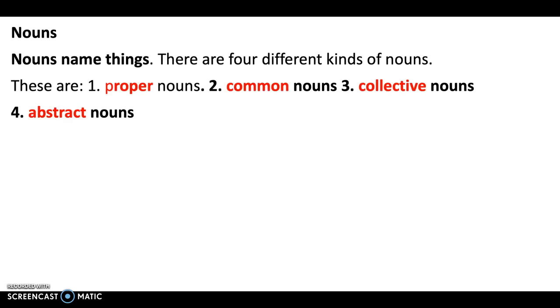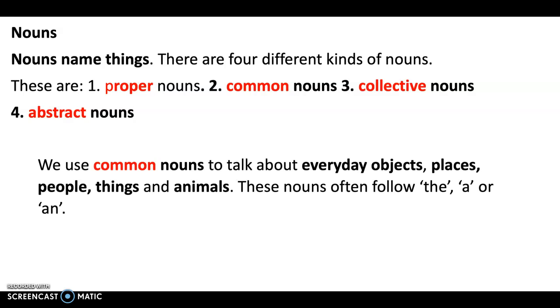Nouns. Nouns name things, and there are 4 different kinds of nouns. We have proper nouns, common nouns, collective nouns, and abstract nouns. We use common nouns to talk about everyday objects, places, people, things, and animals.